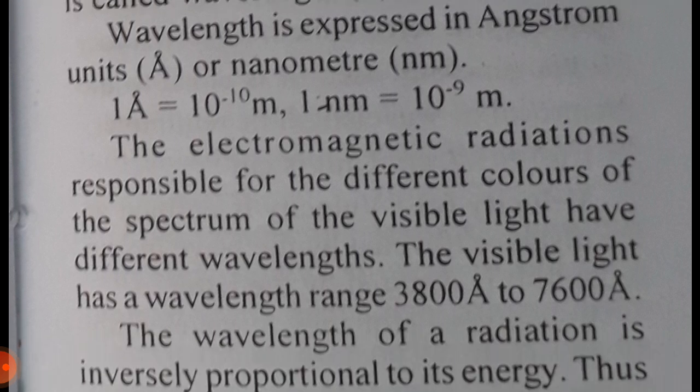Wavelength is expressed in angstroms or nanometers. 1 angstrom is equal to 10 raised to minus 10 meter. 1 nanometer is equal to 10 raised to minus 9 meter.